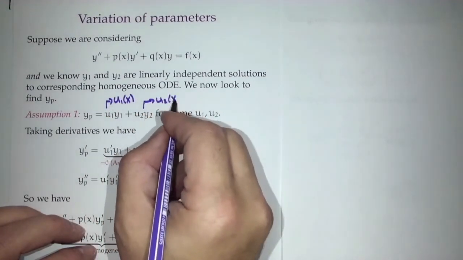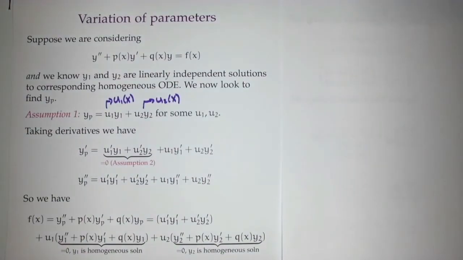So it's not like we have to figure out coefficients. We've got to figure out functions that make this work. u1 of x and u2 of x. Okay. So here's where we go. We say, all right, here's our solution. If we can figure out u1, u2, we win. So that's the game. How do we figure out u1, u2?